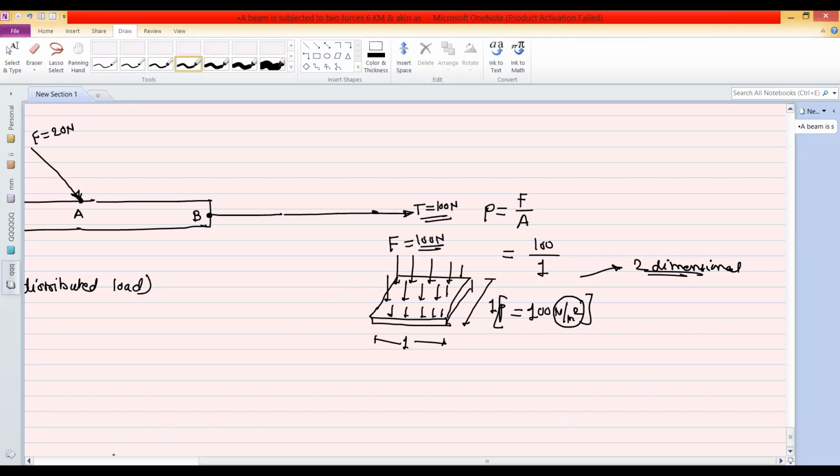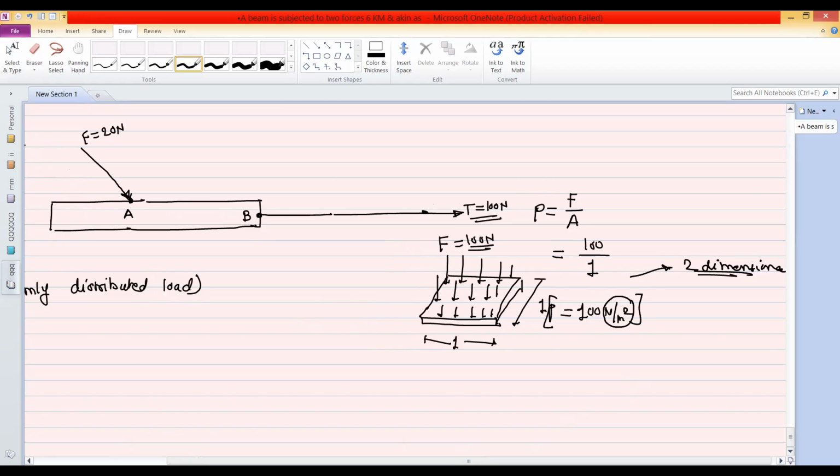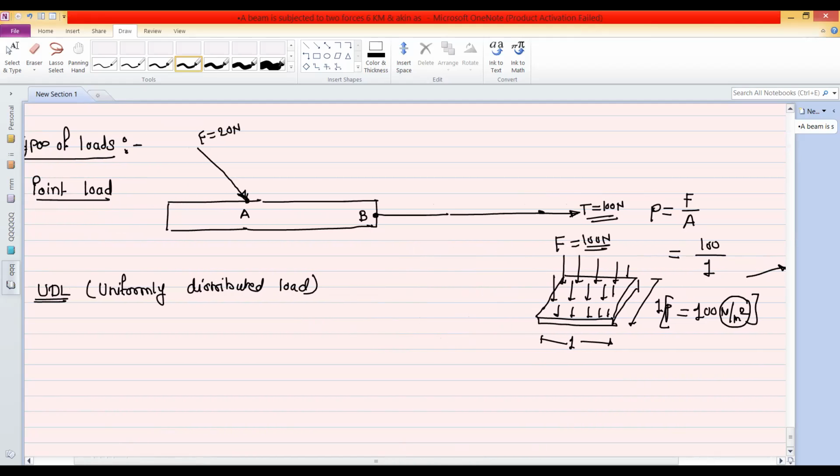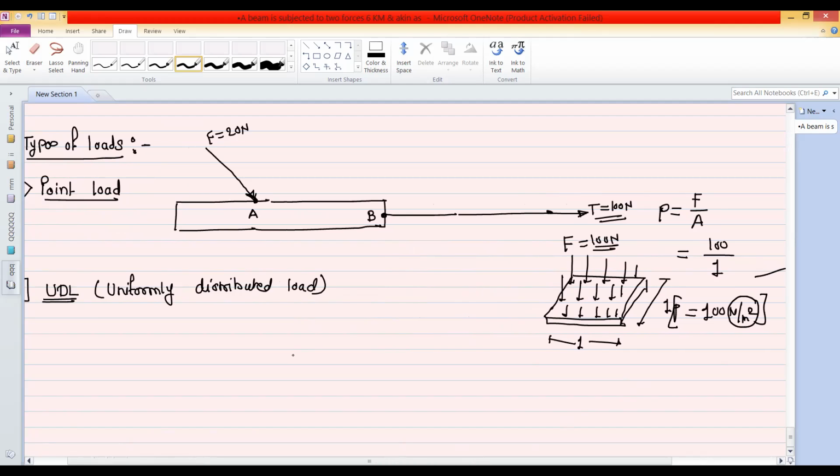Now suppose we want to show the distribution of force on a single line, then we have to consider the UDL. Okay. So what is UDL? Suppose this is the beam. You can consider this is the I beam. Okay.